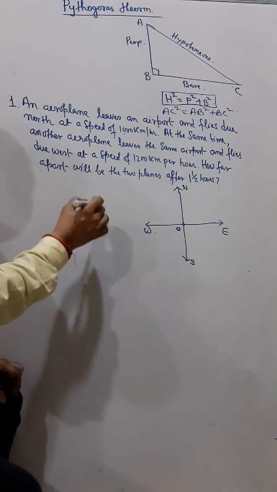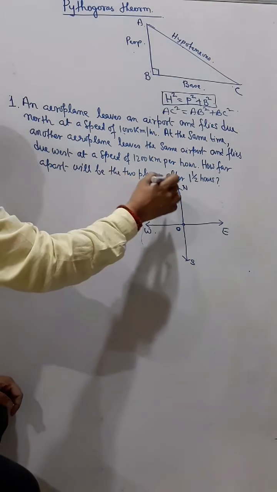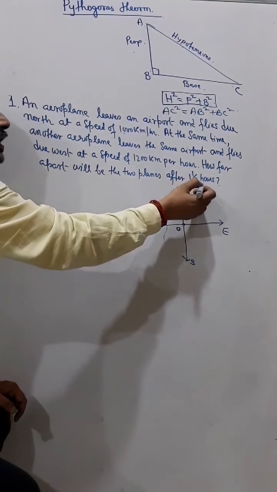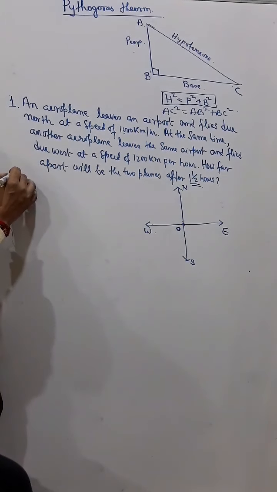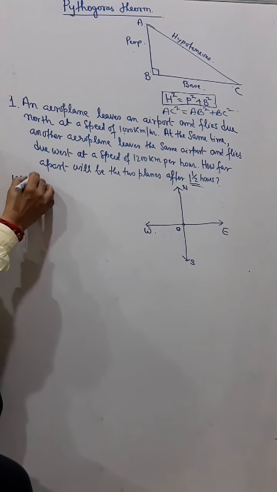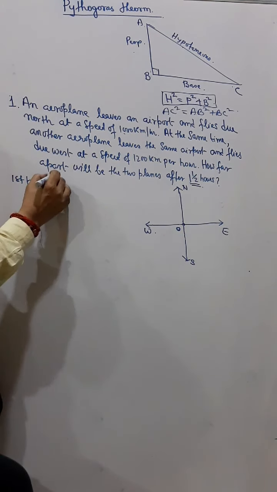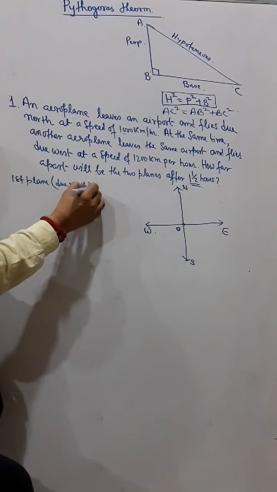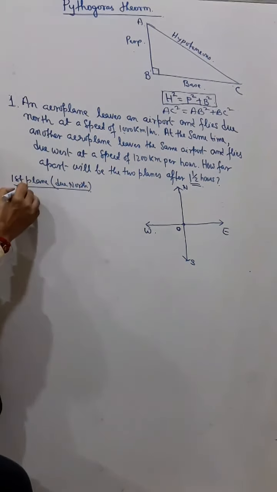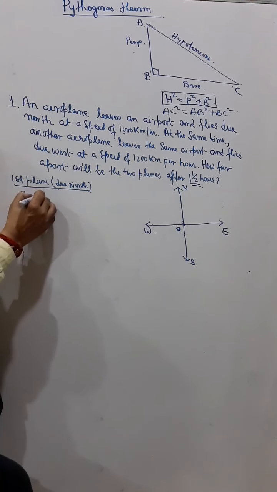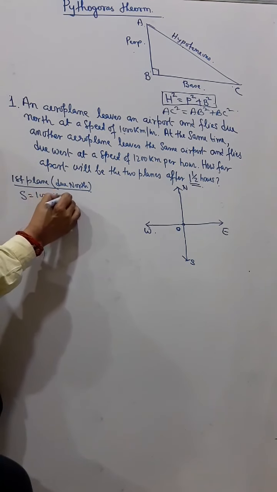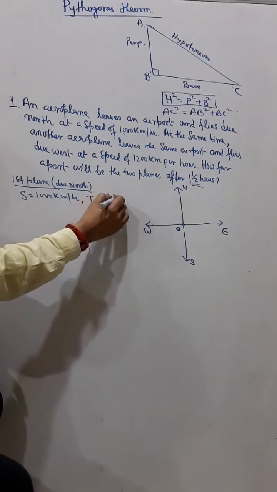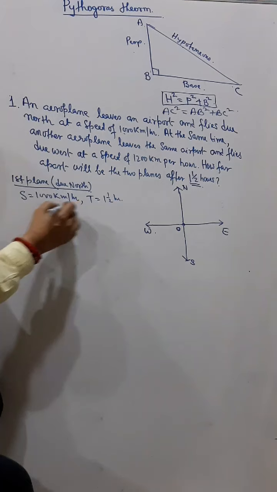First of all, we will find how much distance they travel in 1.5 hours. So the first plane, which is traveling due north: speed is given as 1000 km per hour and time is 1.5 hours, that is 3/2.